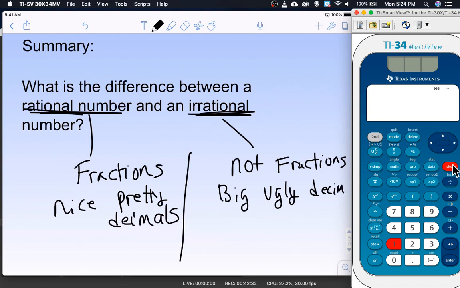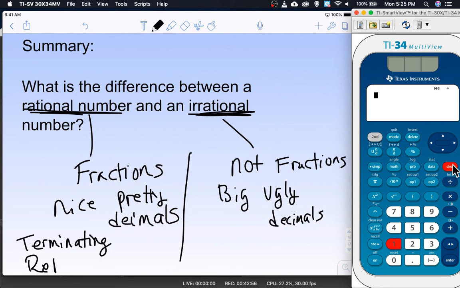Oh, I don't have space for the word decimals. We can fix it. Big, ugly decimals. Okay. Rational numbers have terminating decimals and repeating decimals.